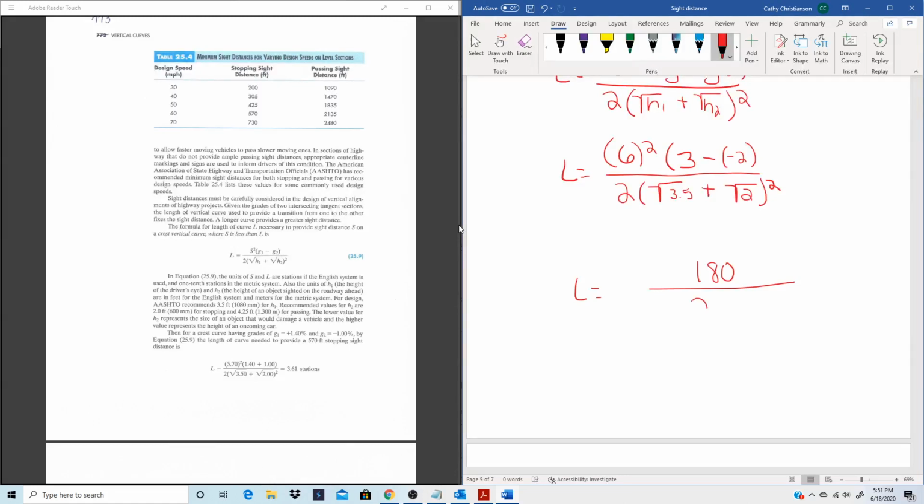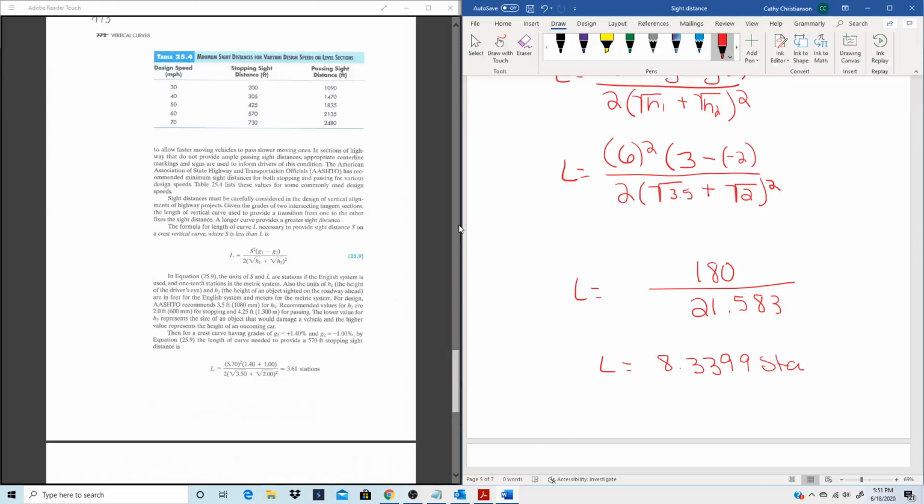And I got 21.583. Alright, so 180 divided by 21.583 gives me L equals 8.3399 stations.